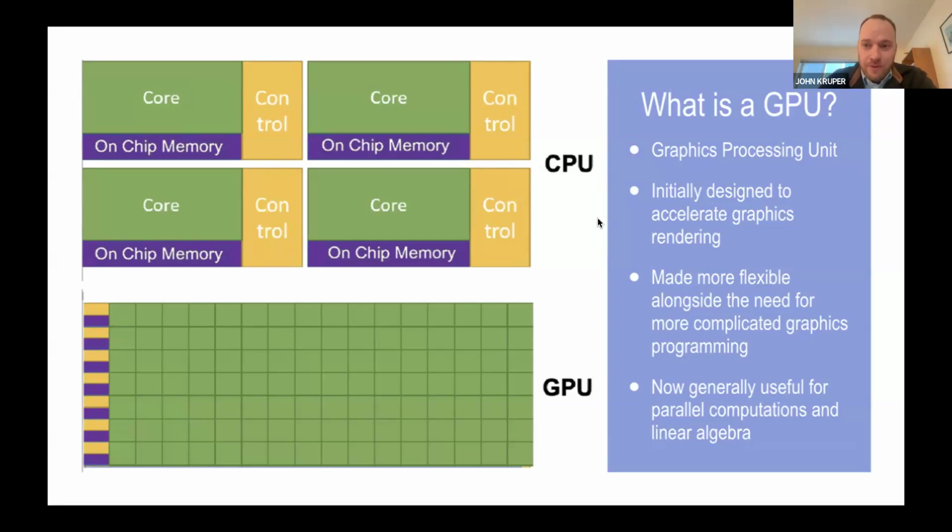And each of these cores might have their own on-chip memory. But the basic idea is you have on the order of 4 of these little workers, so you can do some multiprocessing on the CPU, but not too much. On the GPU, you don't necessarily have more memory, but you have significantly more cores, and that's what's shown on the bottom left. So you have many different workers doing things in parallel.